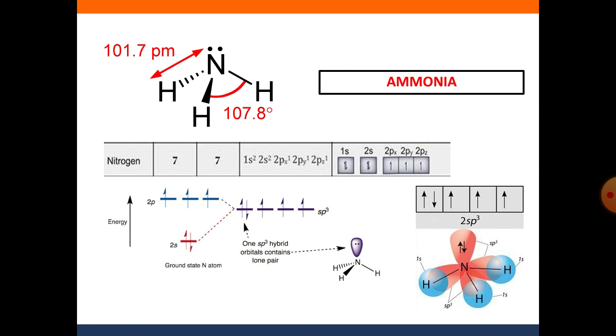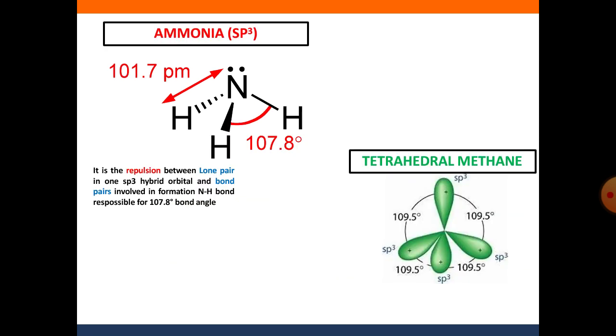Then we'll see about the sp3 hybridization state. As I have told, there is repulsion between the lone pair and the bond pair, and that is why its bond angle is 107.8 degrees. Tetrahedral, it is the same as tetrahedral methane.